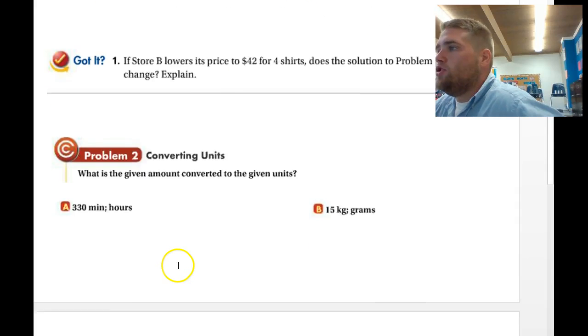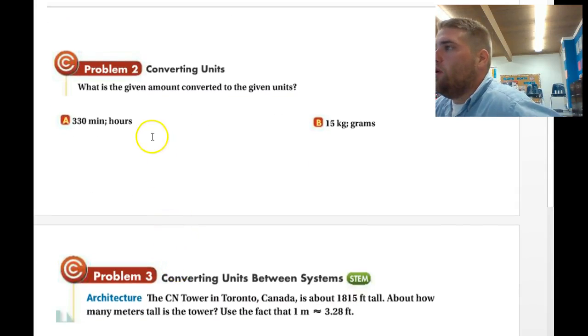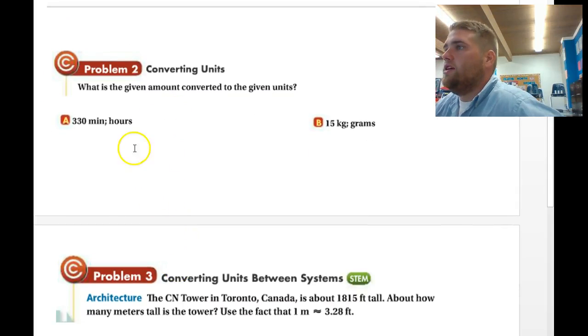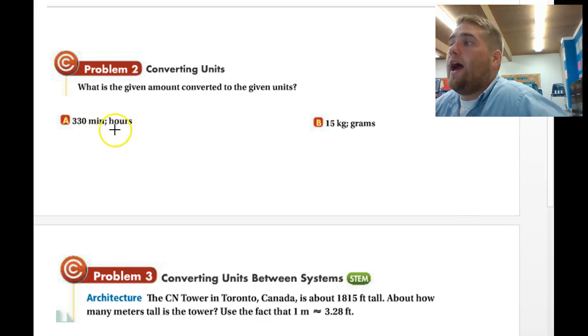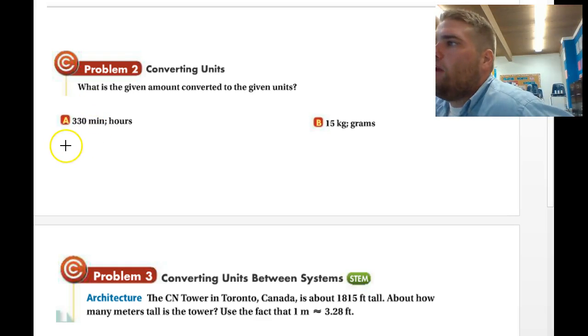So now problem 2, converting units. What is the given amount converted in a given unit? In problem 2, basically we're trying to see how many hours make up 330 minutes. So what we want to do is write 330 right here. So 330 minutes, times 1 hour.